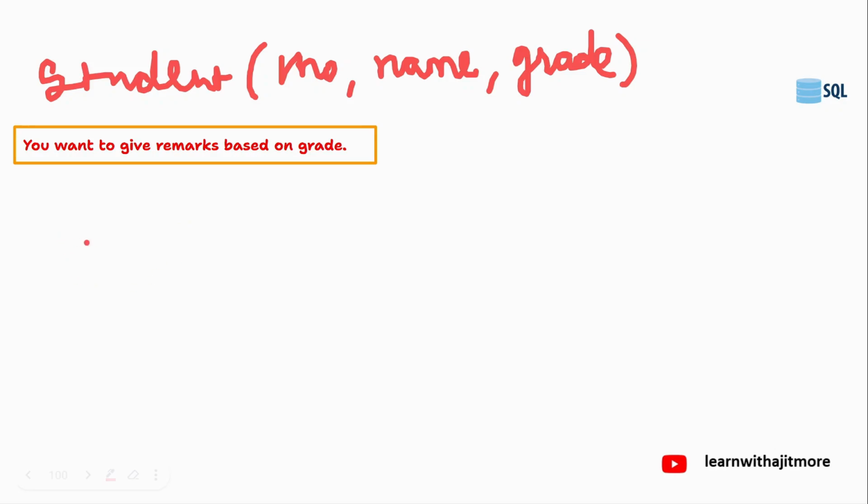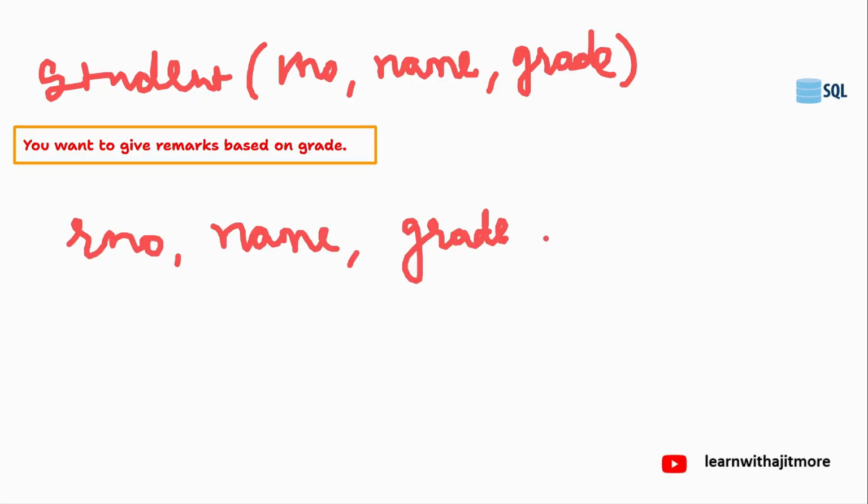Now, what I want to do is print the output in such a way that I want to display roll number, I want to display name, I want to display grade, and a virtual fourth column is to be created called remarks. This is not in the table, and we don't want to store it in the table, only for display purpose.